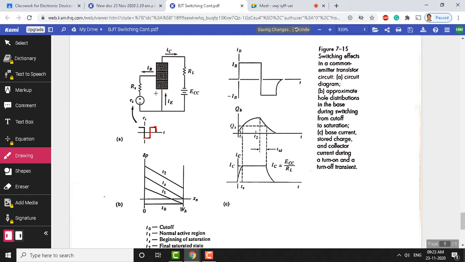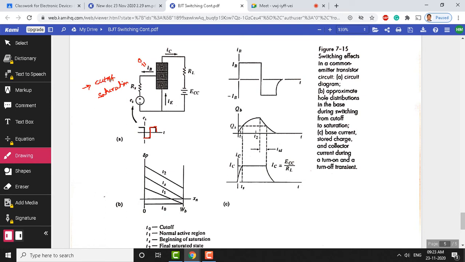Since the device is operated in switch mode, it can be in cutoff or it will be in saturation. Cutoff means the base current is 0.